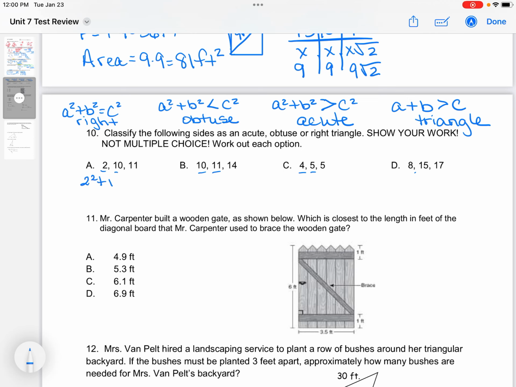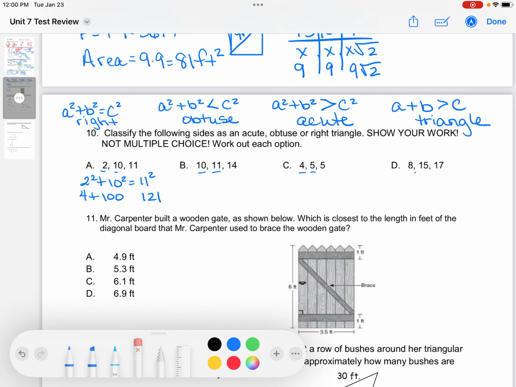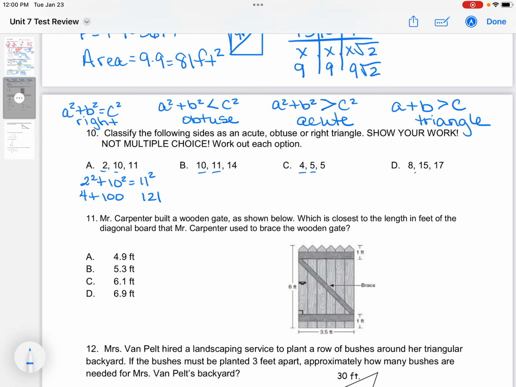So I'm taking 2 squared plus 10 squared compared to 11 squared. So I have 4 plus 100 and 121, and I need to take that equal sign out because they're not equal.